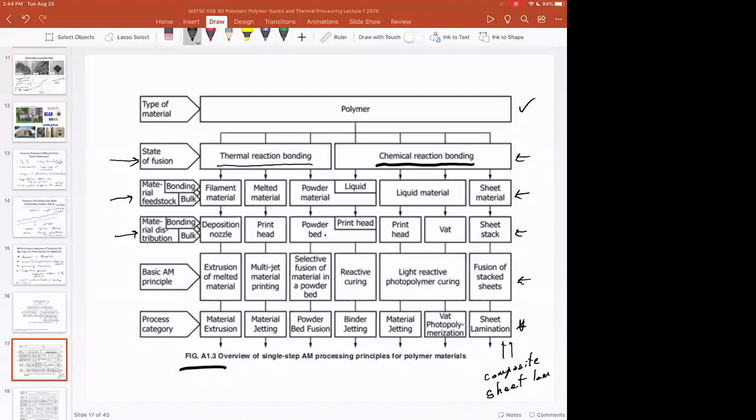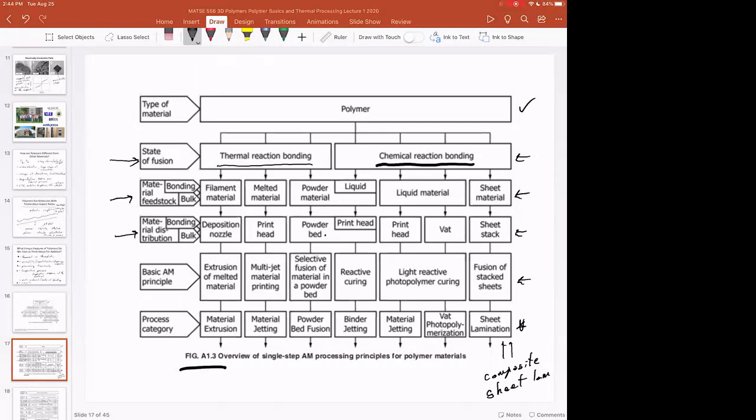So SLA, there's no such thing as a standard stereolithography process. It's called vat photopolymerization. There's no such thing as polyjet in ASTM nomenclature. It's all material jetting, where you're using light reactive photopolymer curing and you're spraying it out of a polyjet head.